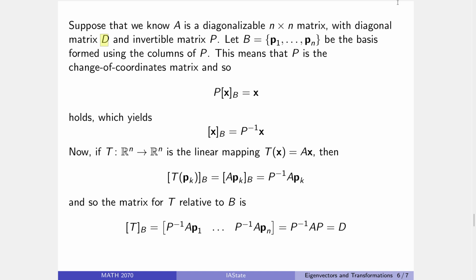And that's the diagonal matrix D. So if I have a linear mapping generated by a matrix A, and I happen to know it's diagonalizable, then its matrix with respect to this basis is just the diagonal entries, just the eigenvalues.